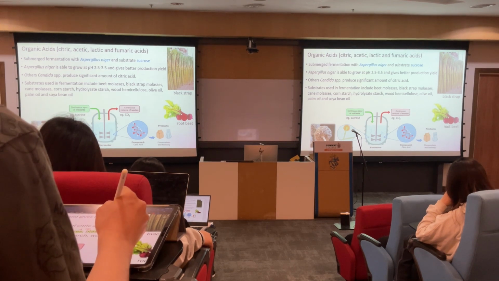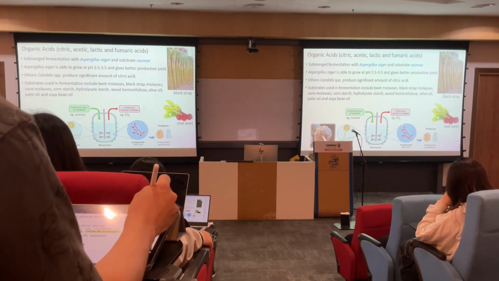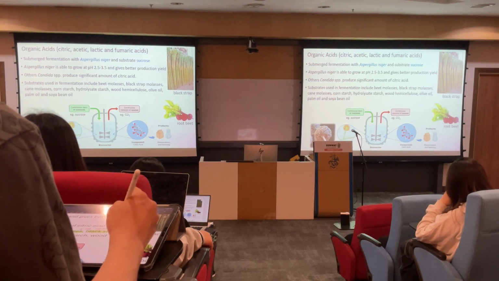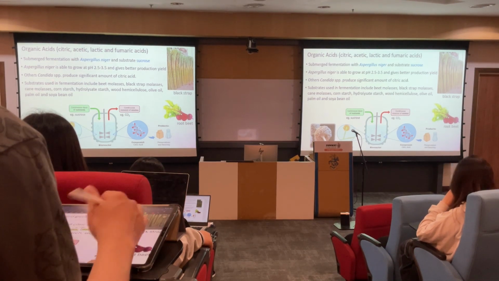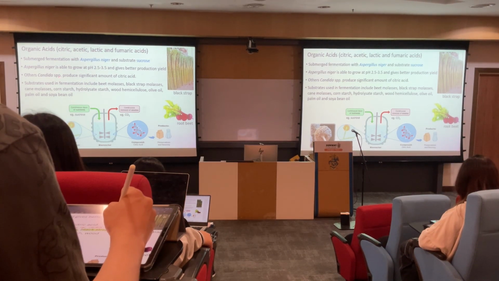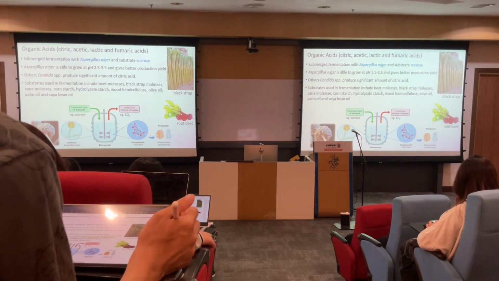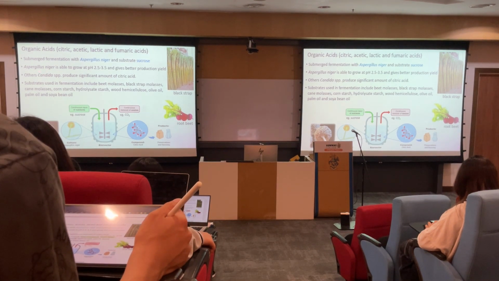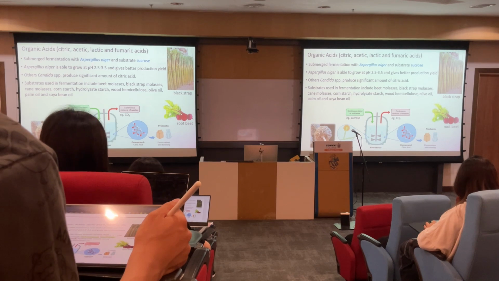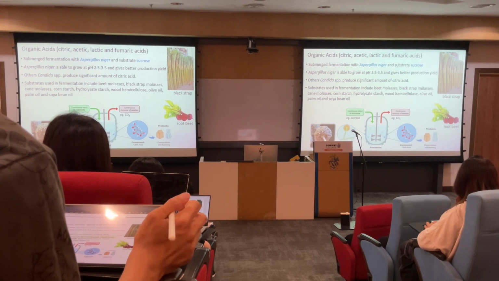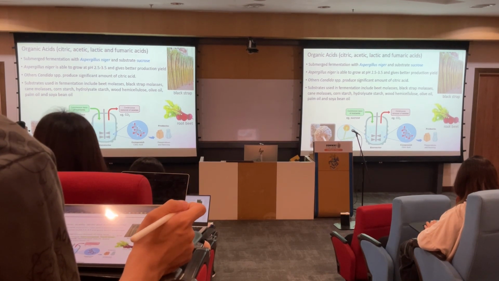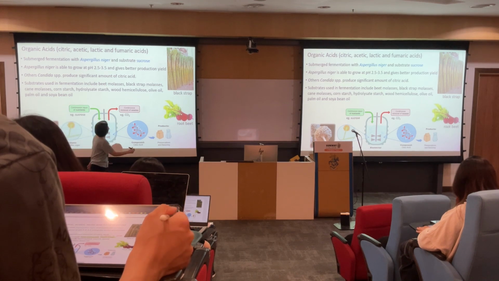It depends on the type of microorganism that you use. Another species in use is the yeast Candida, which also produces a certain amount of citric acid. Normally you use Aspergillus niger, which can grow at pH 2.5 to 3.5.